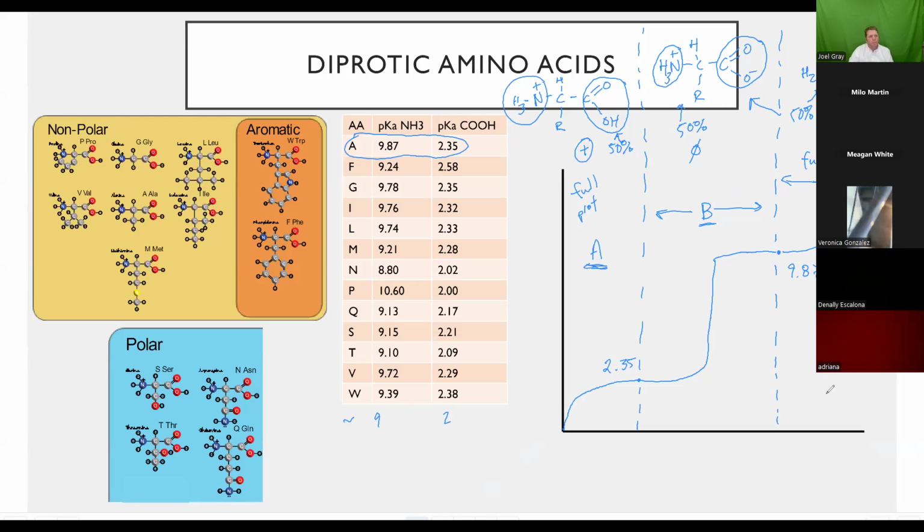In the chat, what percentage of my molecule looks like form A, or range A, if my pH is 9.87?